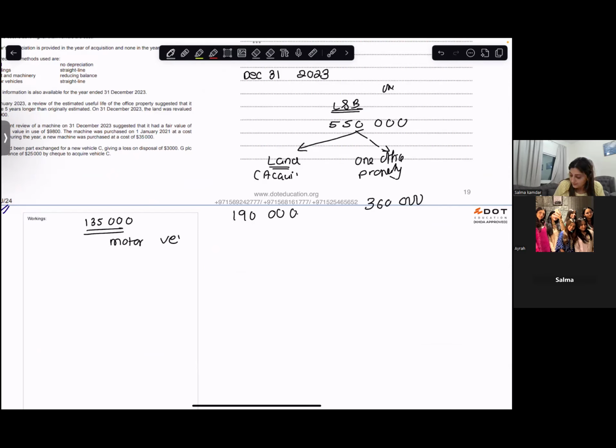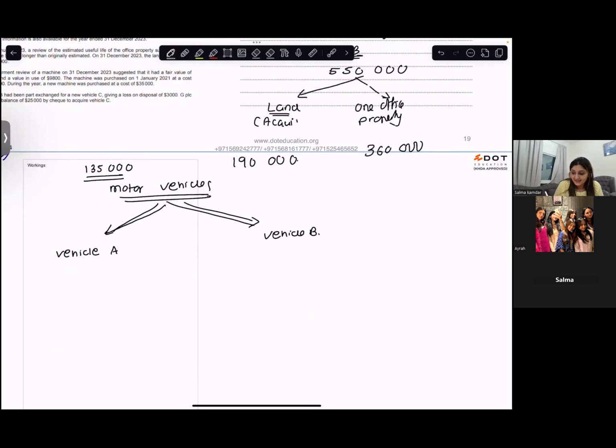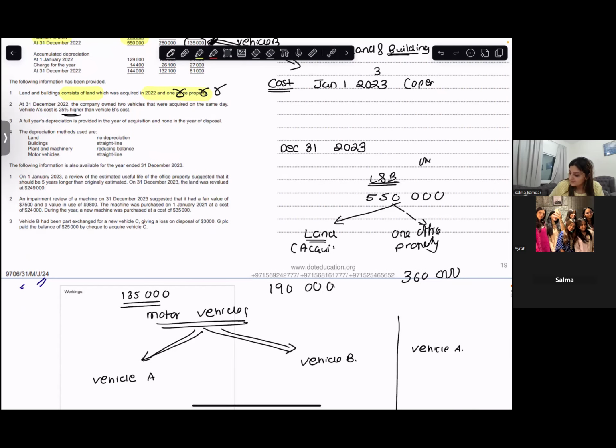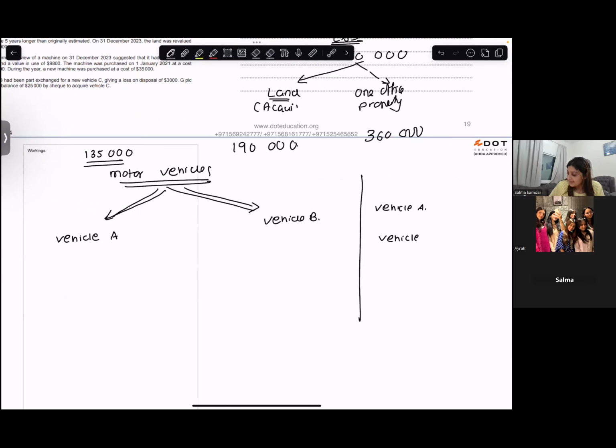This motor vehicle is made up of two parts, vehicle A and vehicle B. I am saying that vehicle A is 25% higher than vehicle B. So if vehicle B is 100, vehicle A would be 125. So the total is how much?